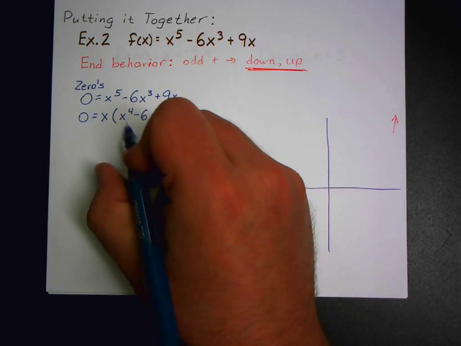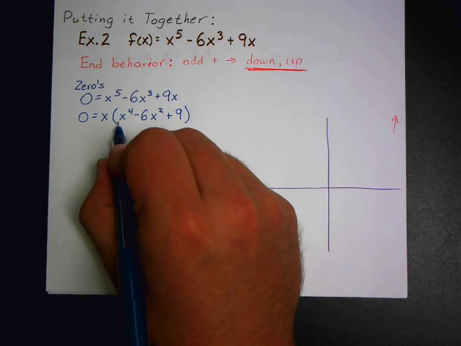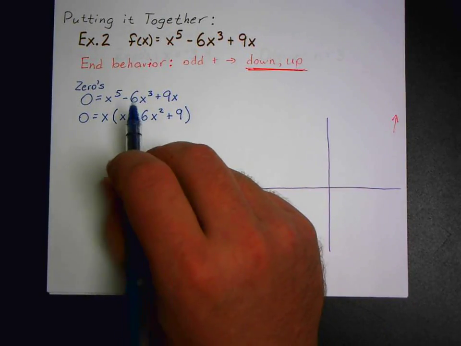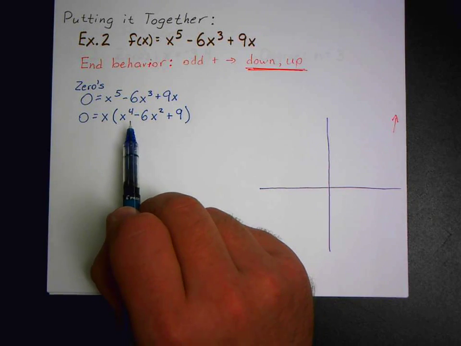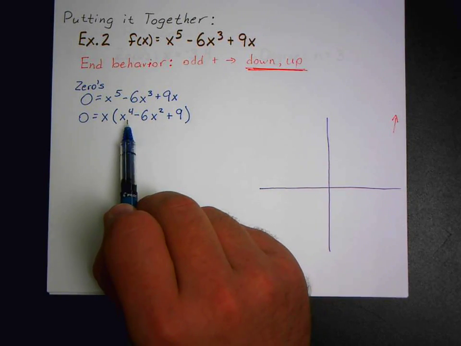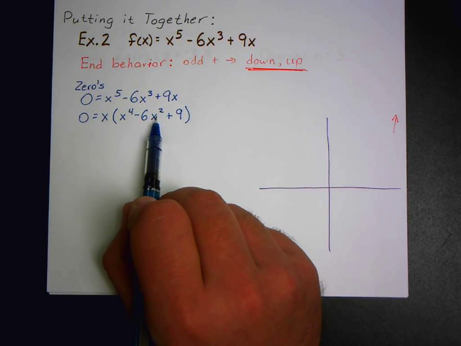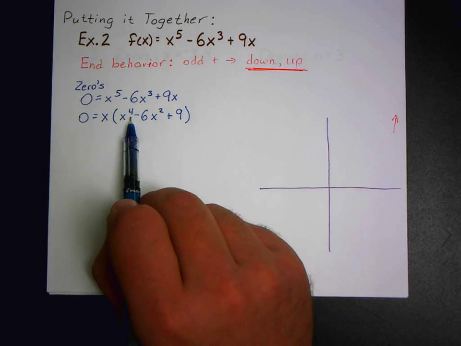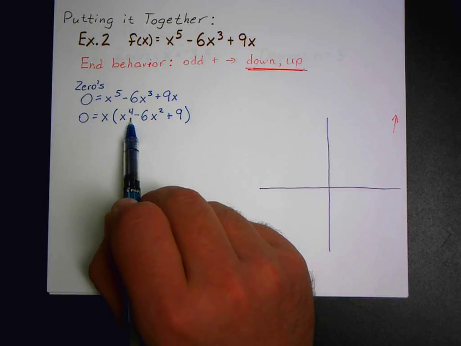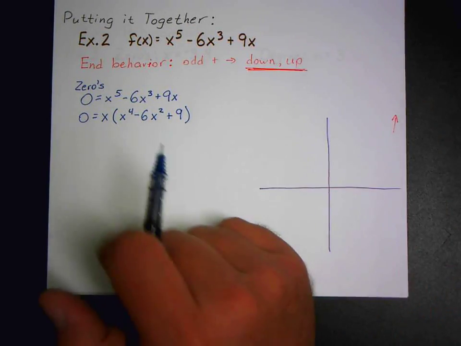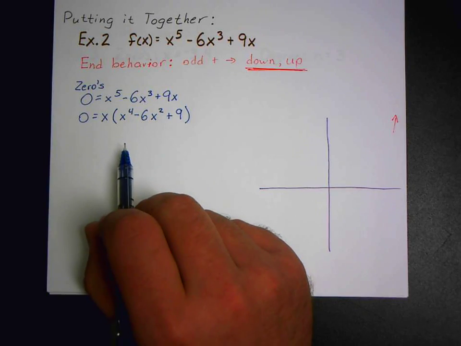Okay, this inside here, this is something called quadratic form. Anytime this power is double this power, we can factor it like normal. So if this was a 5 and this was a 10, we can just factor it like we normally would. 3 and 6, factor it. We have 2 and 4, so we just factor it like normal.